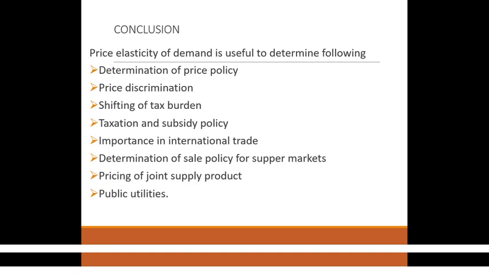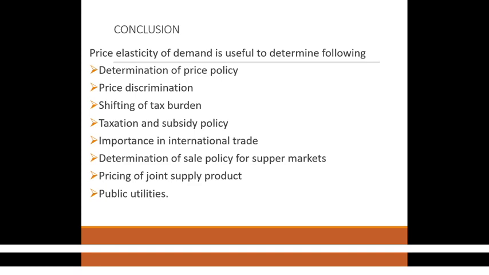We can conclude this topic of price elasticity of demand. In the conclusion, we can discuss the uses of price elasticity of demand. It is used to determine our price policy. If we know the price elasticity of the commodity, we can determine the price policy.